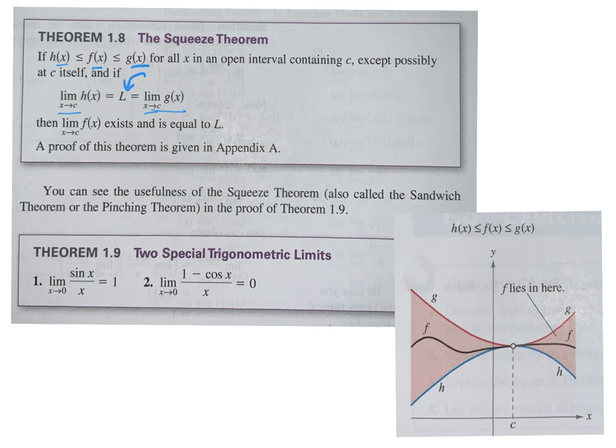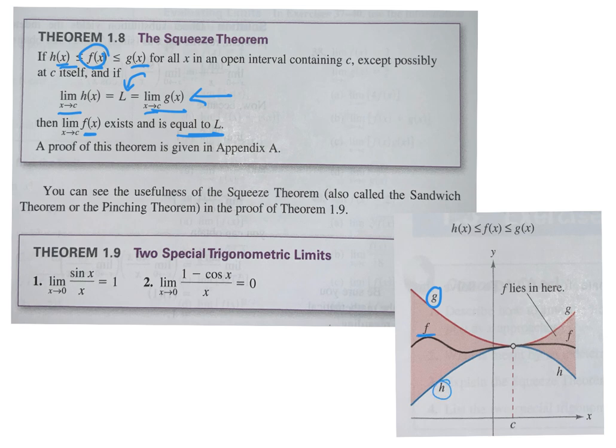So we have a function that falls in between two functions that have the same limit at the point that we're trying to get to. Then, if that function in the middle has a limit, it will be equal to those other two functions' limits, which is the same. So we have an upper function, a lower function.